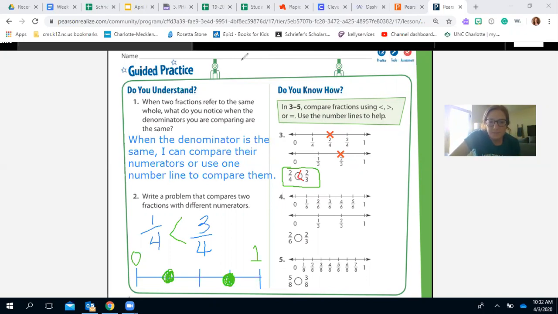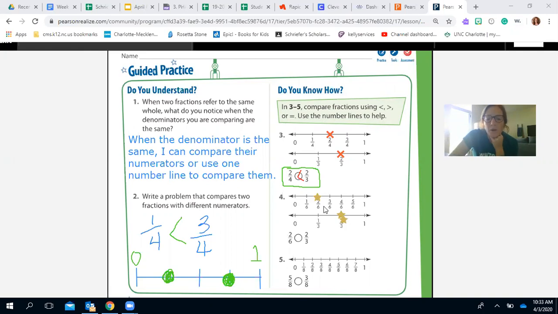Okay, the next one. I'll use stars this time. We're comparing 2/6 and 2/3. So here, 0, 1, 2/6 and 0, 1/3, 2/3. Okay, they both have 2 parts, but the size of the piece is different.